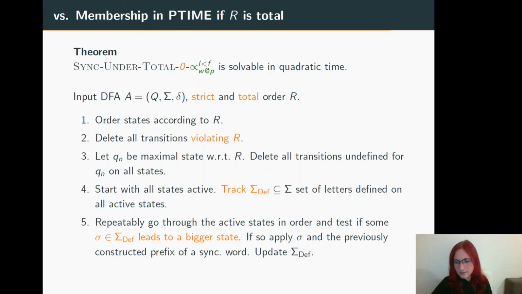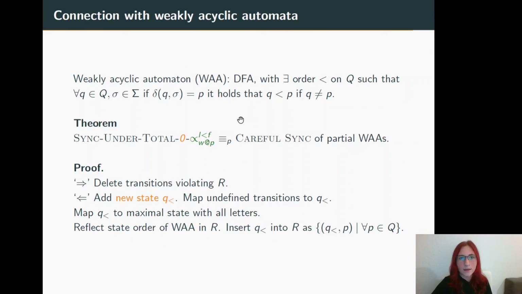Well, now one could argue that this is a very special case of the problem, so why should I care about this result? But it turns out that this actually implies an interesting result for the subclass of weakly acyclic automata.